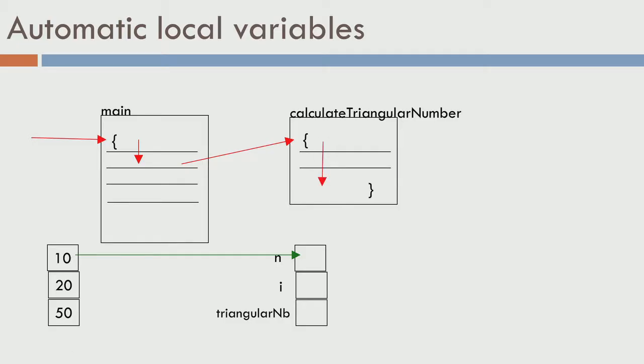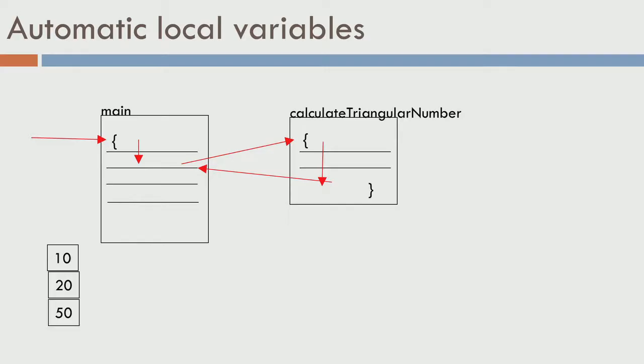Then you go through whatever is supposed to happen, you print things on the screen, and you return to the caller. At that point, if you carefully watch the animation, n, I and triangular NB have all vanished. There is no way to access n or I or triangular NB anymore. Then the main function moves to the second function call.